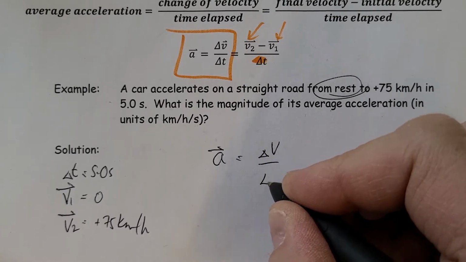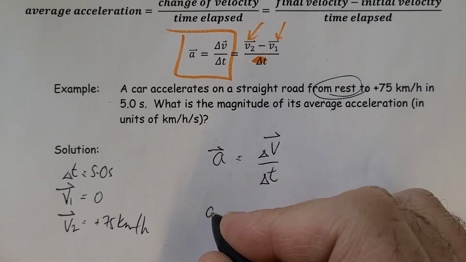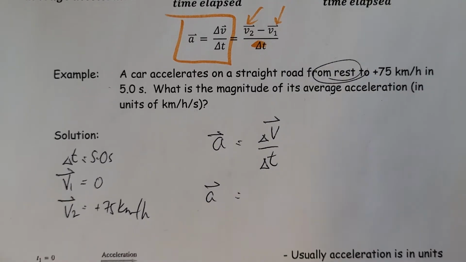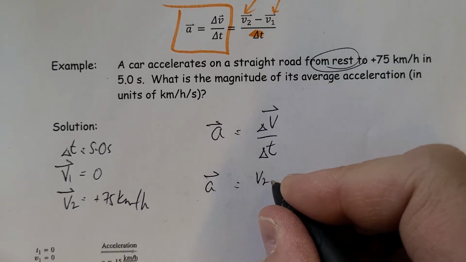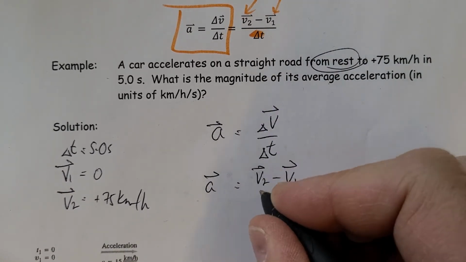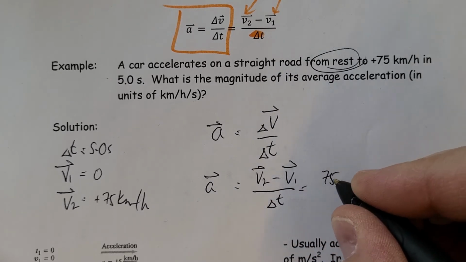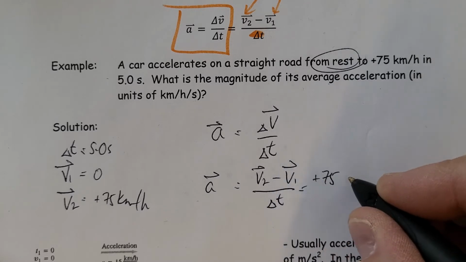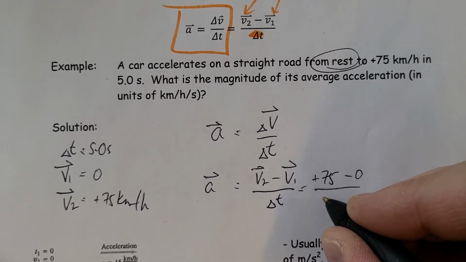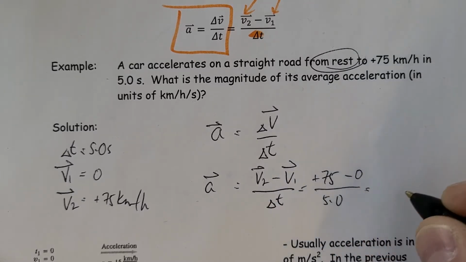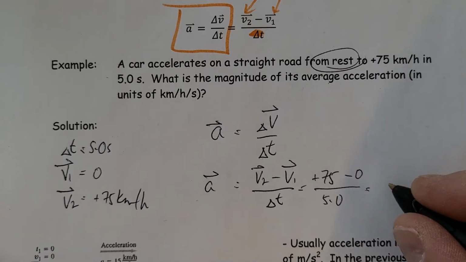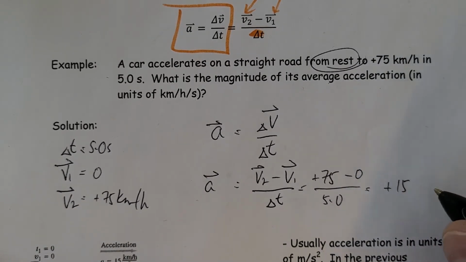Delta v over delta t. And in my case, since I'm given two velocity values, v2 minus v1 over change in t, so it's going to be 75, technically it's a positive 75, minus 0 all over 5. So that's going to give me a final value of 15.